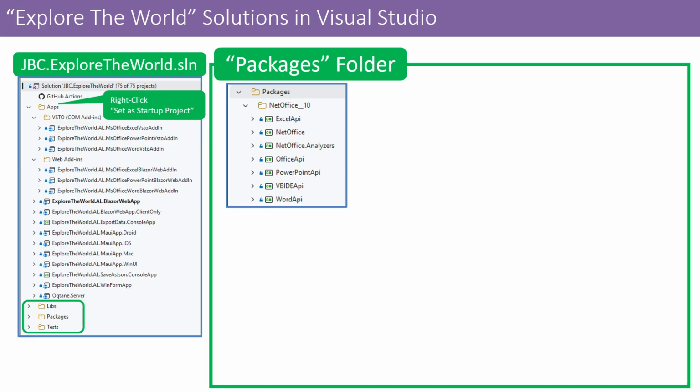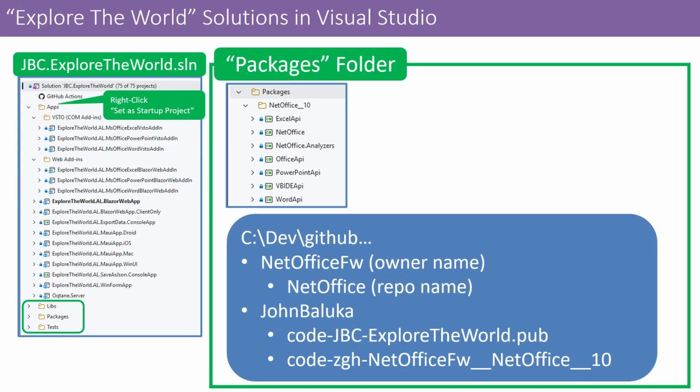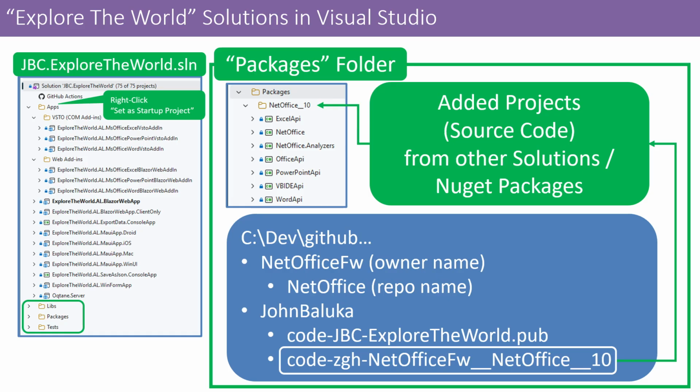Looking at this NetOffice 10, which will be talked about more in part 2, the structure I recommend is by owner name and repo, but as long as that NetOffice 10 repo is alongside this one, it'll work just fine. It'll use that relative reference. It's a good way to incorporate source code from a package without having to reference the package itself.